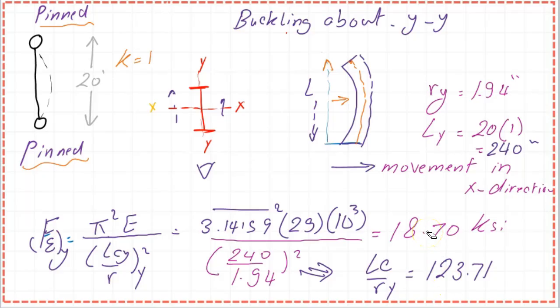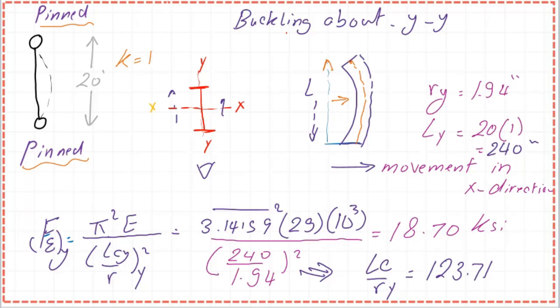And basically, the corresponding Euler critical stress is 3.14159 squared times 29,000 divided by 123.71 squared, which will give us 18.70. This stress is below the previous Euler stress for the X-axis.